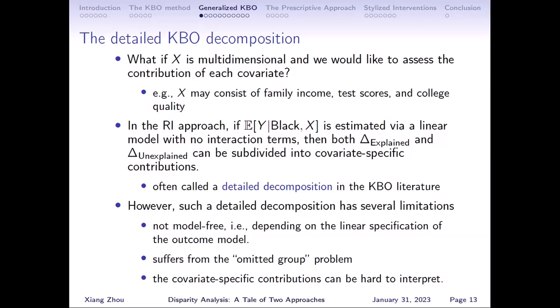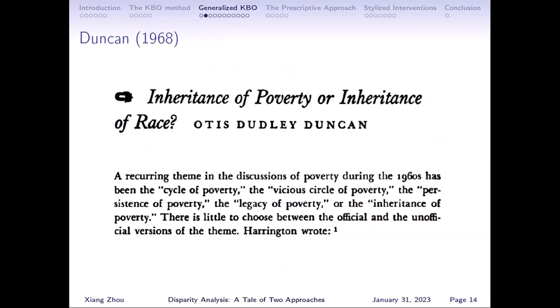So the intuition of such a sequential approach, again, is not new. It actually dates back to the 1968 paper by Otis Dudley Duncan. Okay. So the key question Duncan tried to address in this study was the extent to which the persistence of racial economic inequality across generations can be attributed to inheritance of poverty, or in other words, class effects, or inheritance of race.